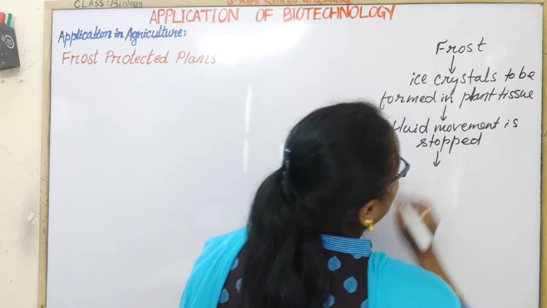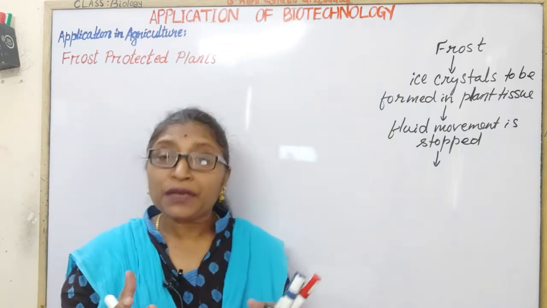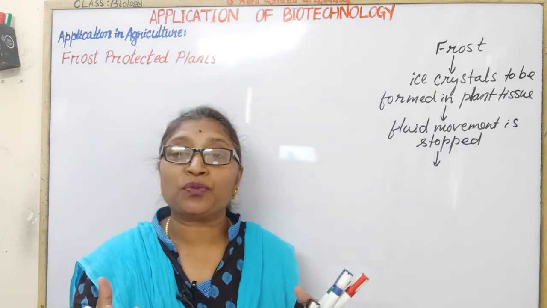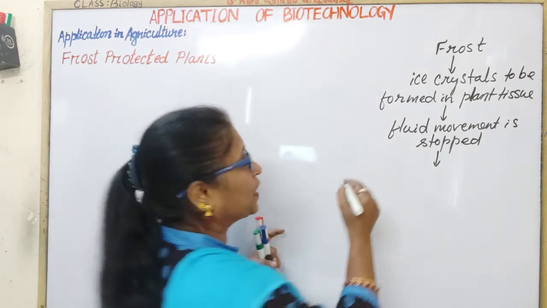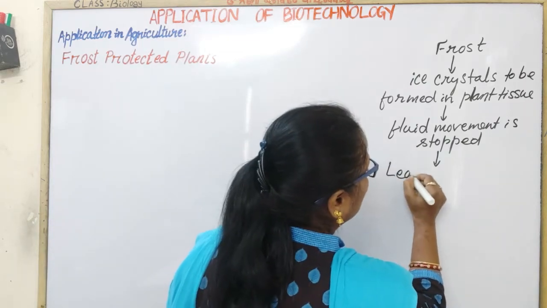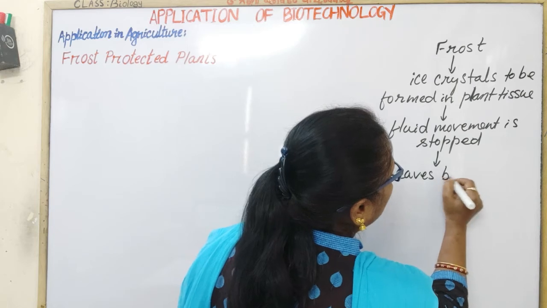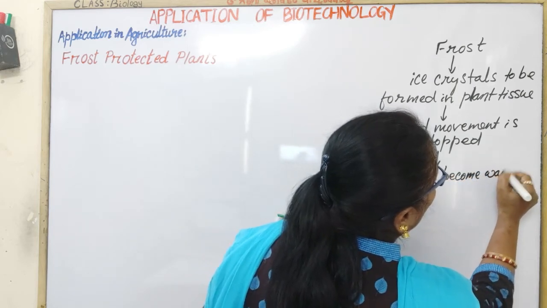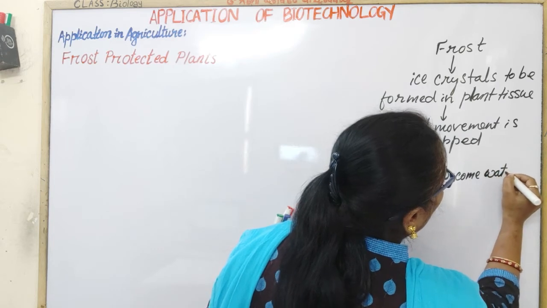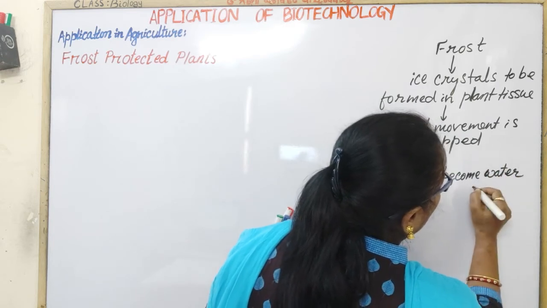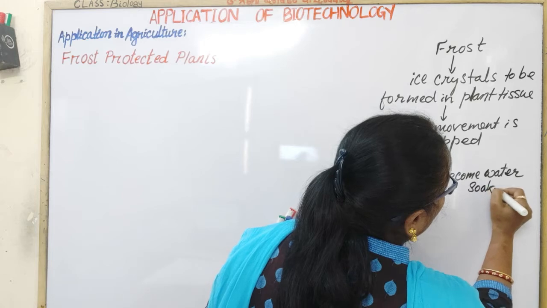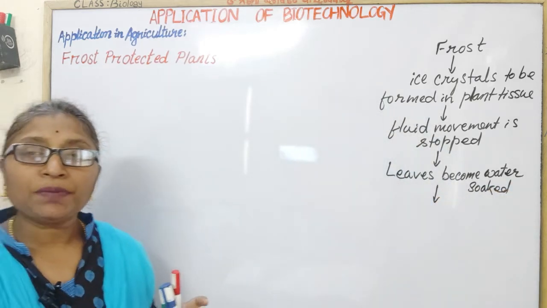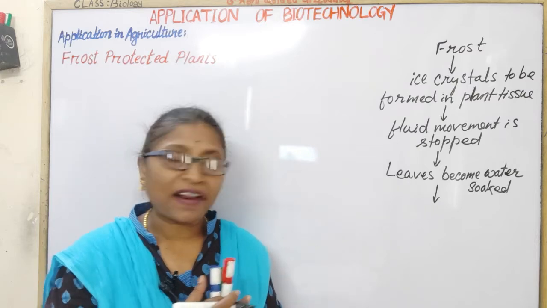Then what happens? The leaves exhibit a water-soaked appearance. Leaves become water soaked. That results in wrinkling. Leaves become wrinkled and contracted.